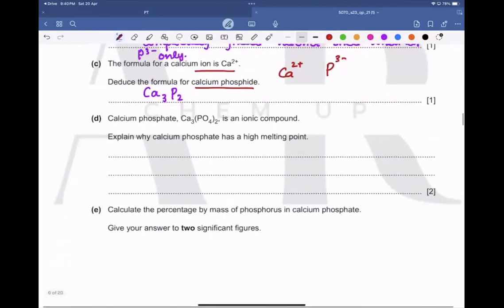Now, D part. Calcium phosphate is an ionic compound. Explain why calcium phosphate has a high melting point. And it's of 2 marks, right? So remember, whenever the examiner asks you and tells you about any formula.